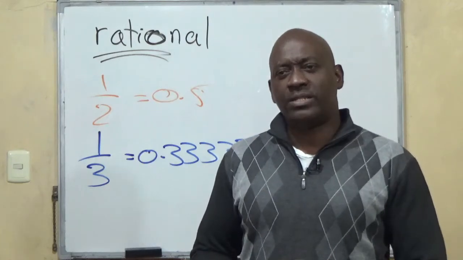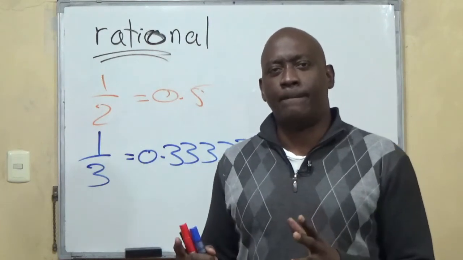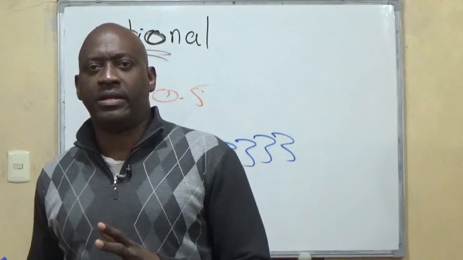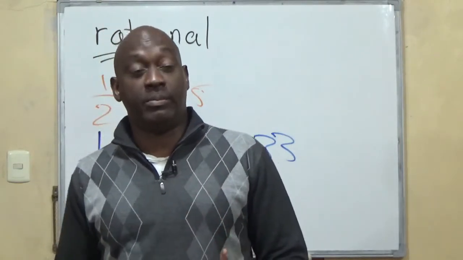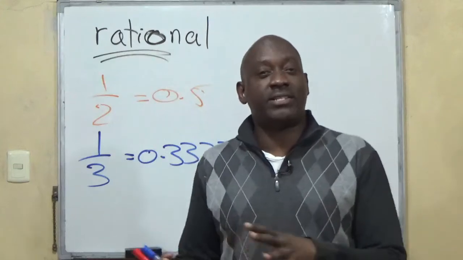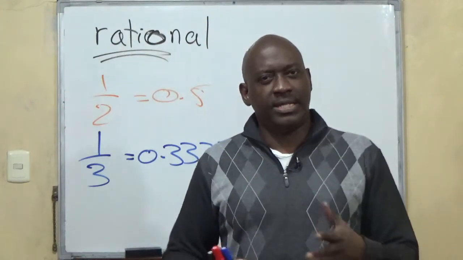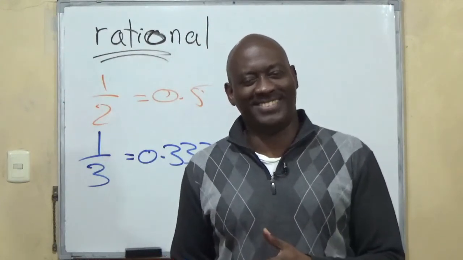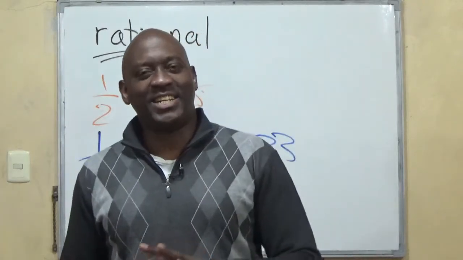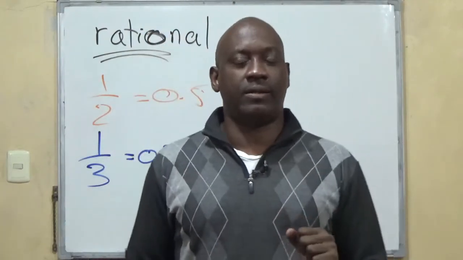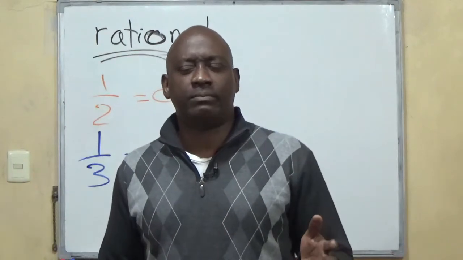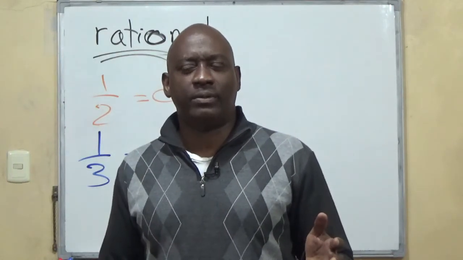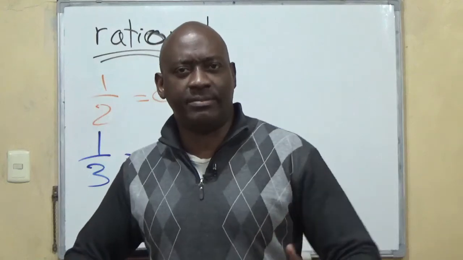Once the decimal doesn't stop, then we refer to it as an irrational number. So in other words, it is an irrational ratio. It's a ratio, and it's rational, but it's irrational because it doesn't know when to stop. Like how some of us humans could be sometimes.